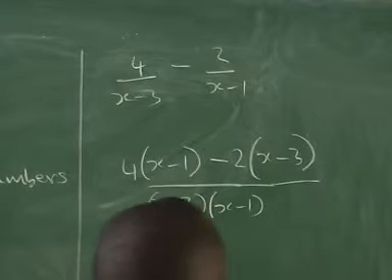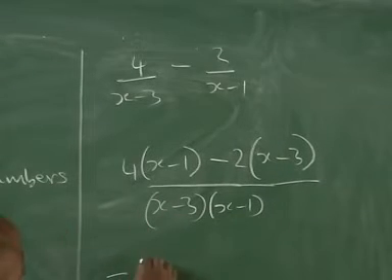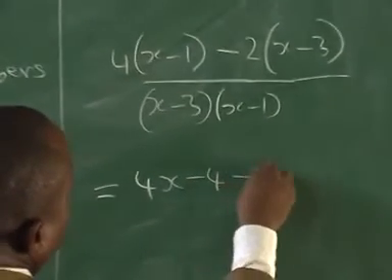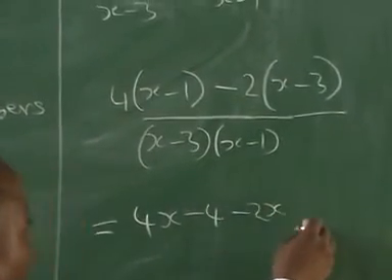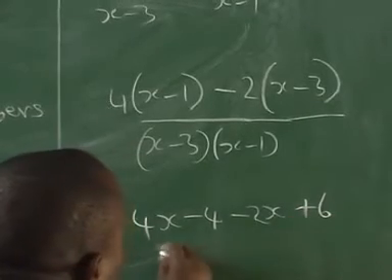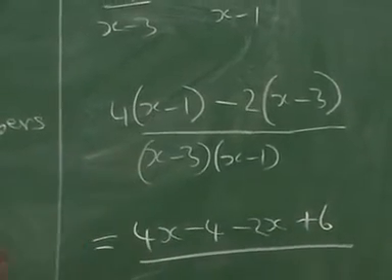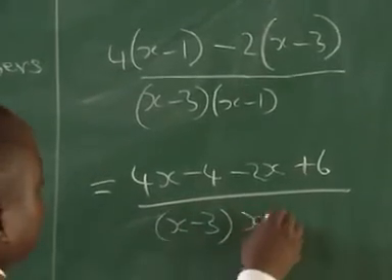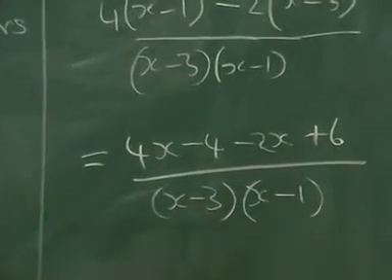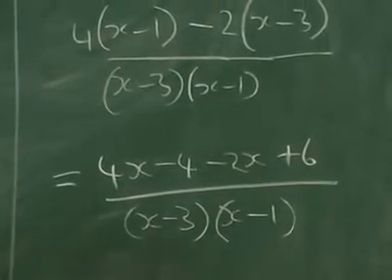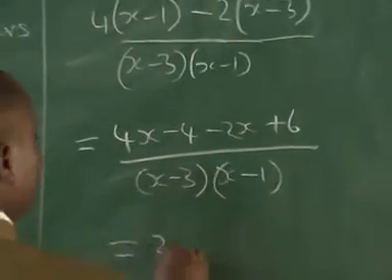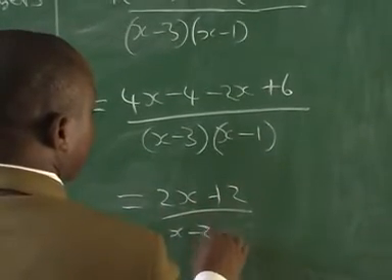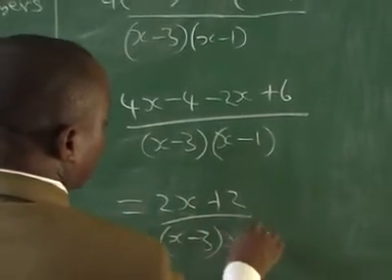Which means it will be equal to 4x minus 4 minus 2x plus 6 all over x minus 3 and x minus 1, which is the same thing as 2x plus 2 all over x minus 3 x minus 1.